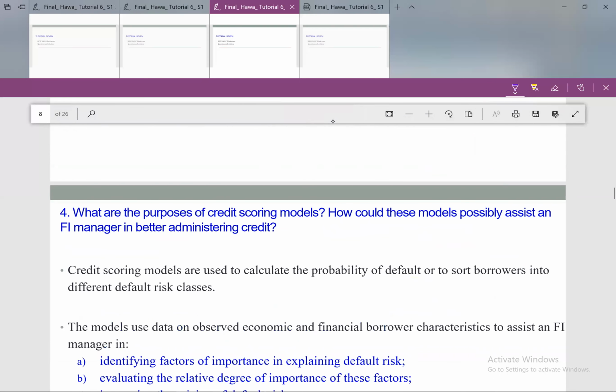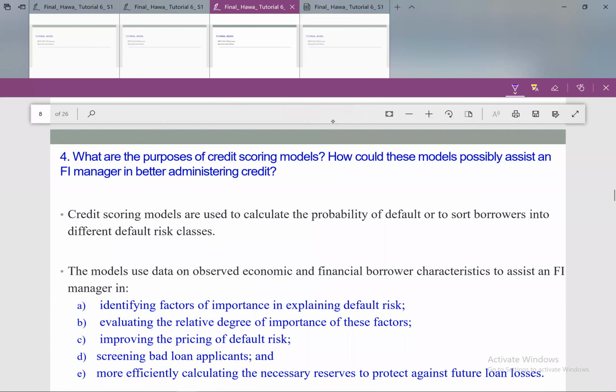This is the last point I think I will talk about today, which is the credit scoring. Now, credit scoring, as I told you, comes from a regression. In the Altman model, when I say Z is 1.2x1 plus 3.3x2, and they continue like this, they identify factors of importance.